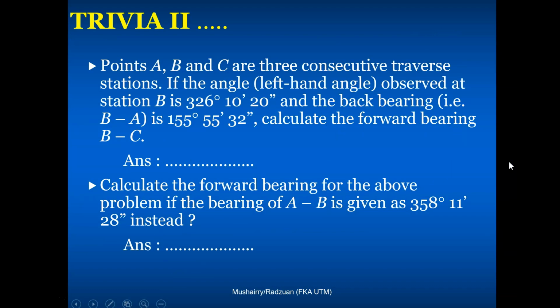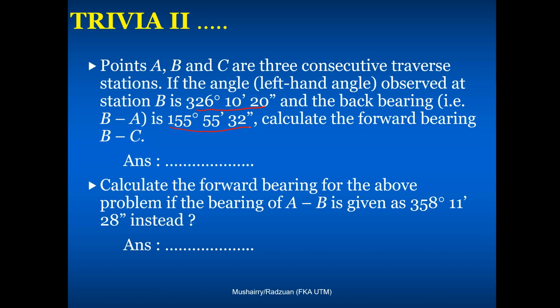Let's look at this one now. This is a bit different. You're given points A, B, and C as three consecutive traverse stations. If the left-hand angle observed at station B is 326°10'20", and the back bearing, B to A, is 155°55'32", calculate the forward bearing. You're given a back bearing and a left-hand angle.